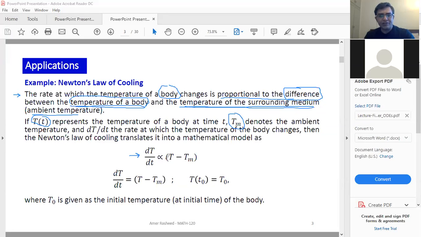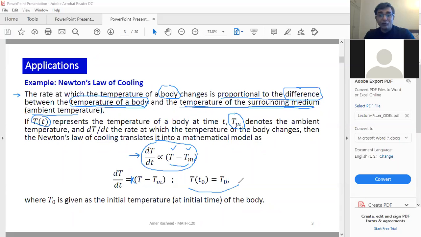It is proportional to the difference between the temperature of the coffee cup and the ambient temperature. If these two are proportional, then we can write them in this form by writing a constant of proportionality here. It's a typo here. I should have written a constant k here, which is the constant of proportionality.